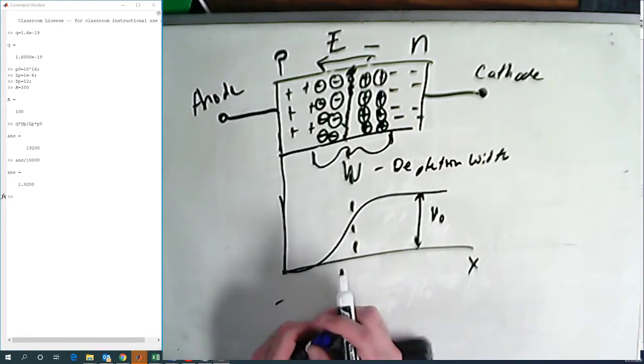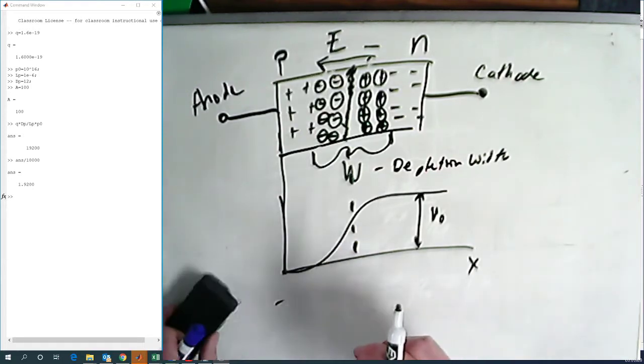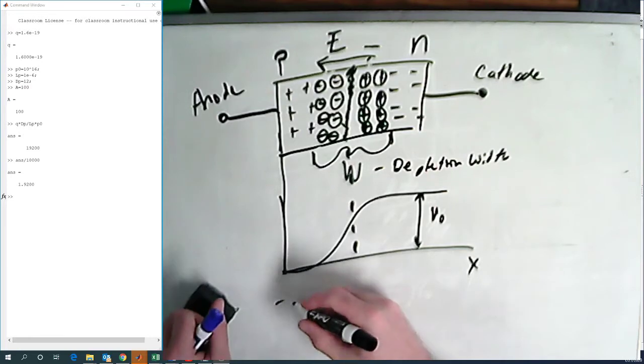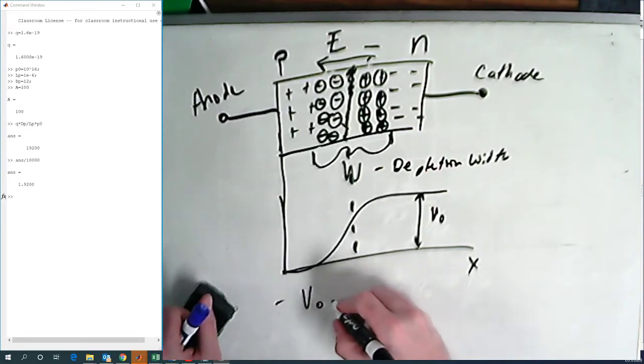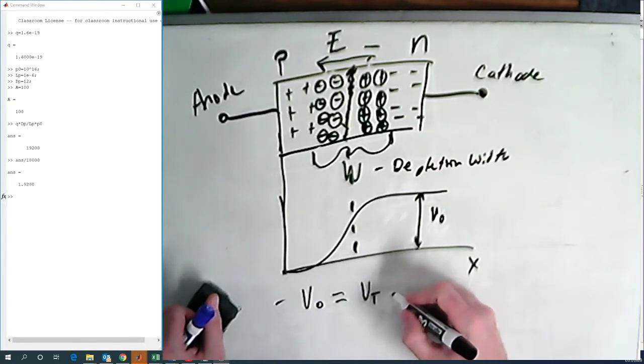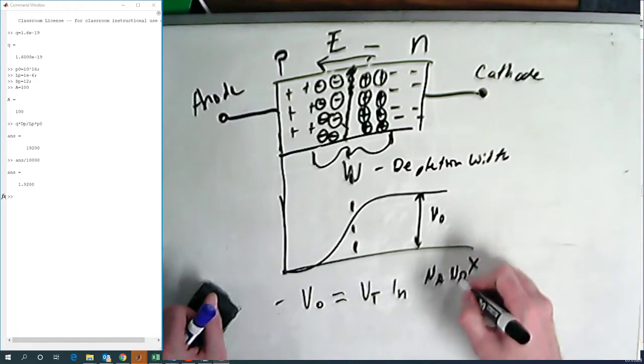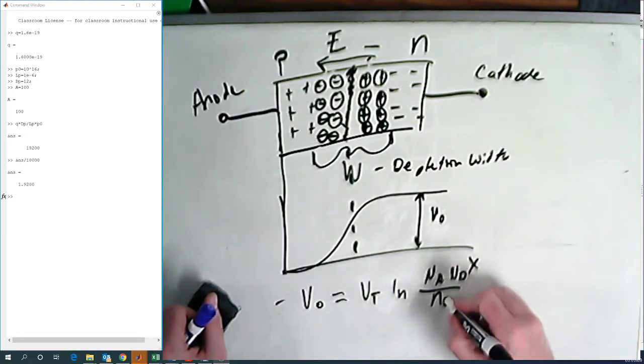Now, you aren't going to be able to measure this, but we do see this as the junction voltage. Let me draw out the equation for that. The junction voltage is equal to VT natural log NA ND over NI squared.